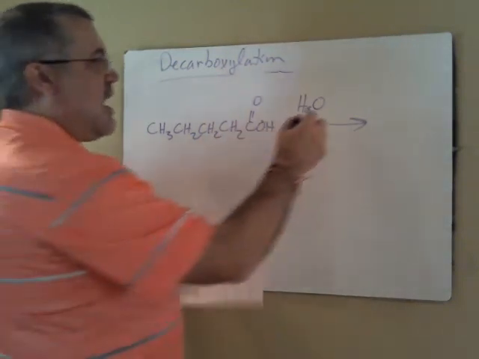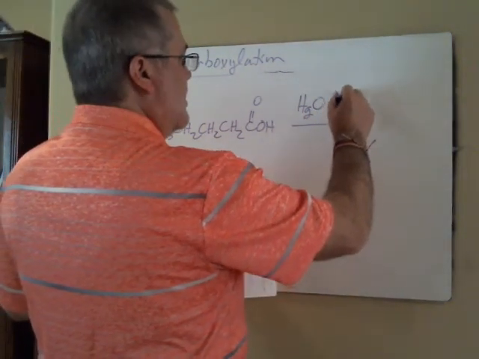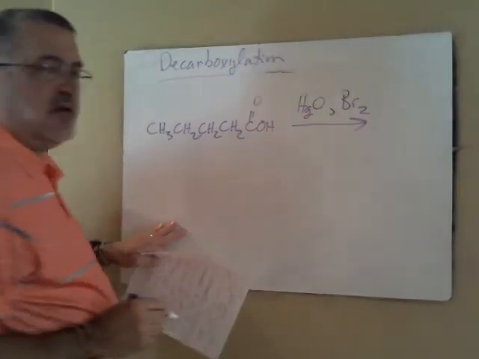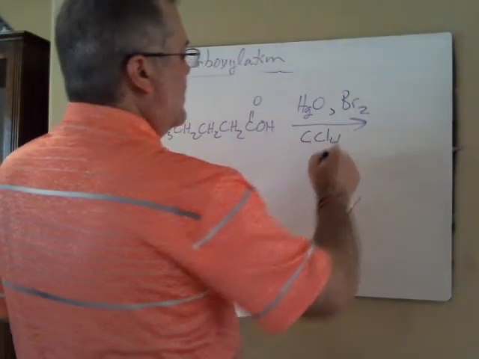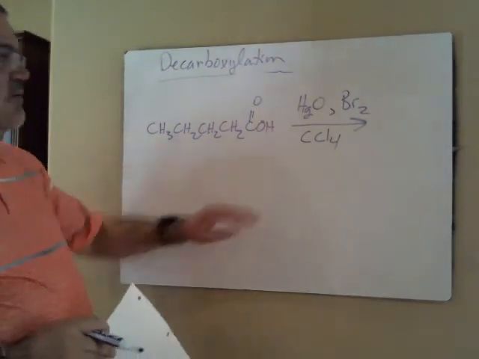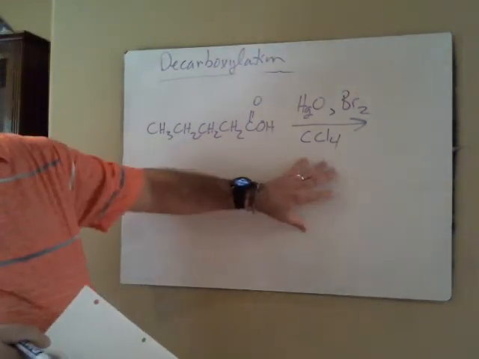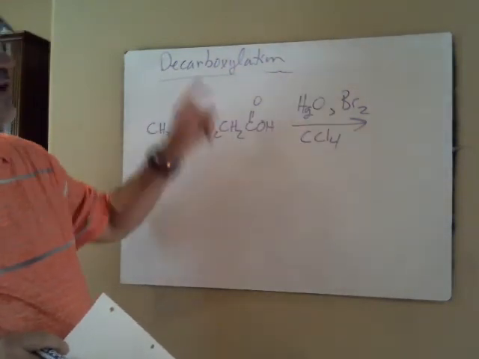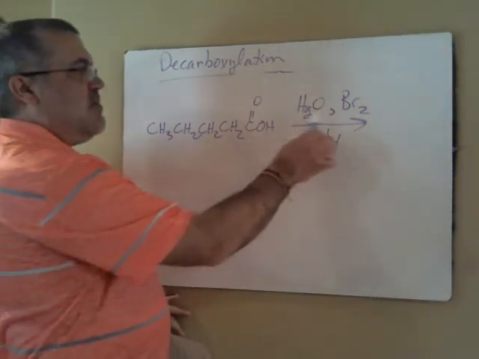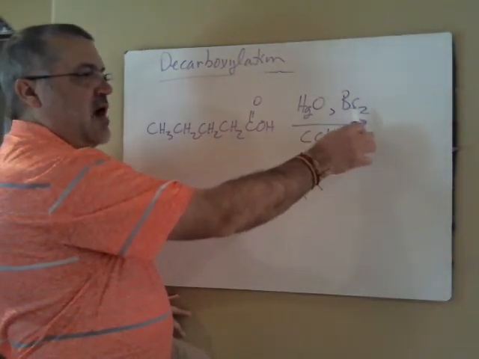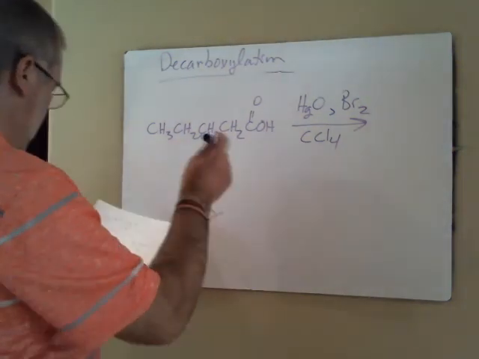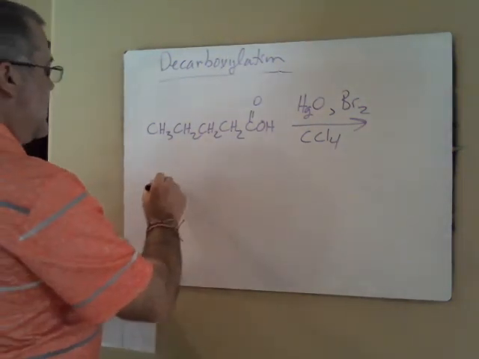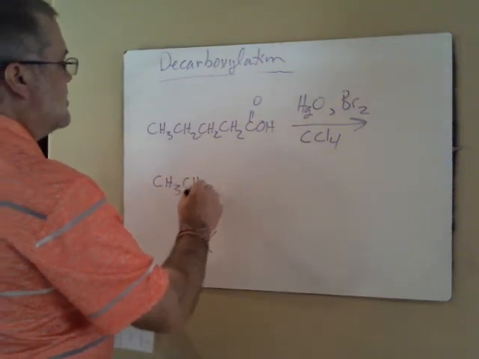So mercury oxide, and then bromine, Br2, and then a solvent, which is often carbon tetrachloride. So this would be what you'd put on your flashcard as the conditions for the Hunsdiecker reaction. Heavy metal, bromine or iodine, and then the solvent.